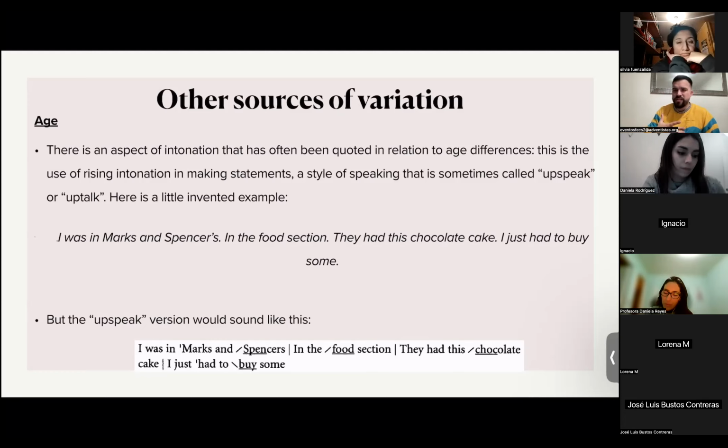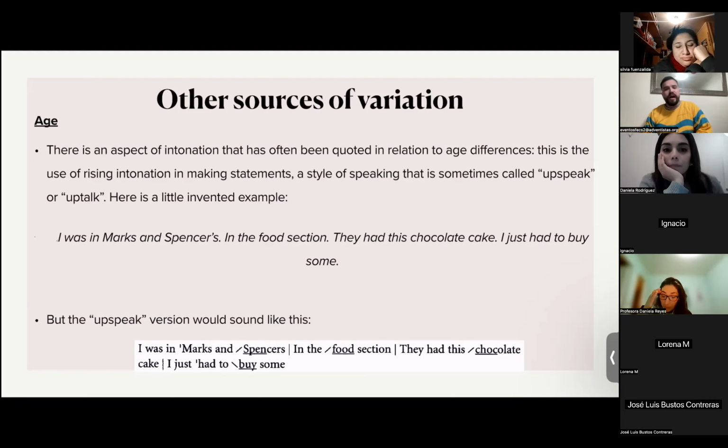That's very British. Like, oh, I was in the Marks and Spencer's. In the food section, they had this chocolate cake. I just had to buy some. If you realize, teenagers tend to use that intonation when they speak British English, very rising tones, and then at the end they use the falling one.